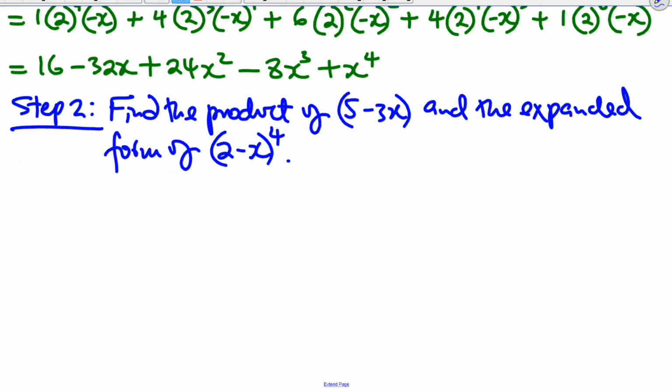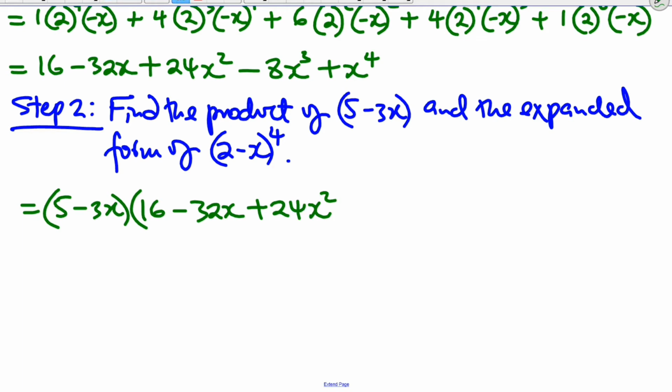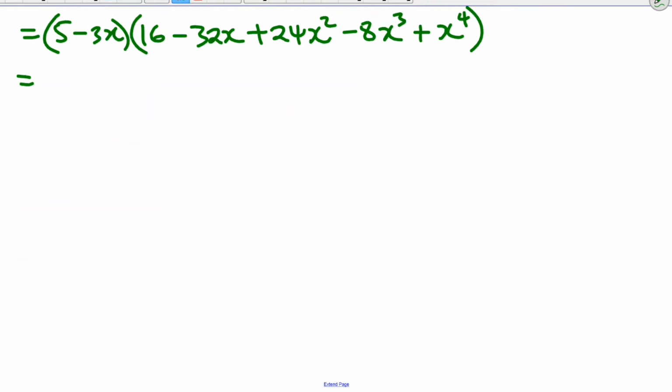So what we need to do here is multiply 5 - 3x by the result that we got from step 1, which is 16 - 32x + 24x^2 - 8x^3 + x^4. To multiply this, it's a tedious process, but we'll do it one term at a time.